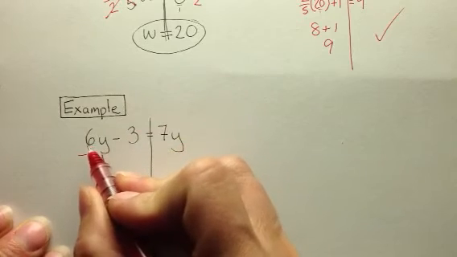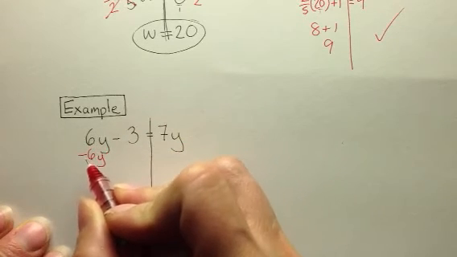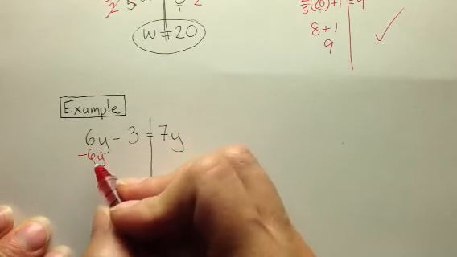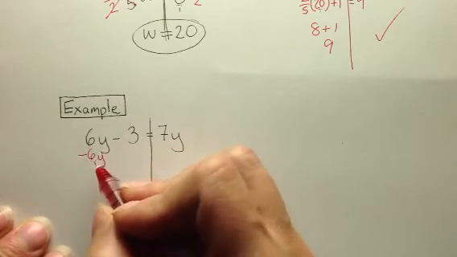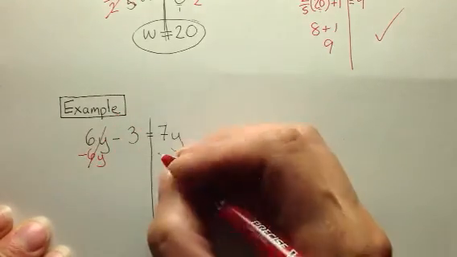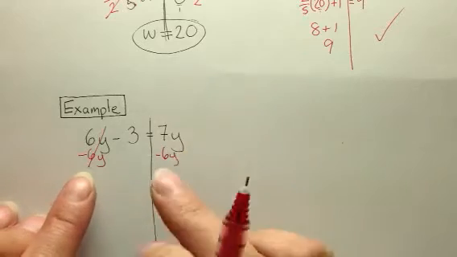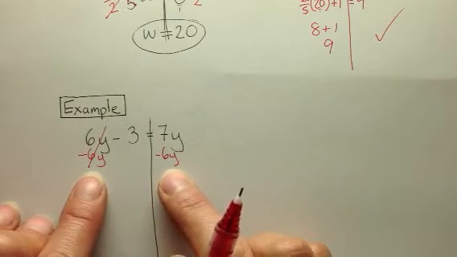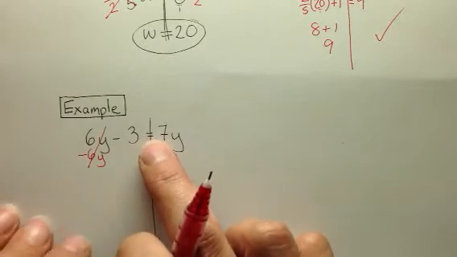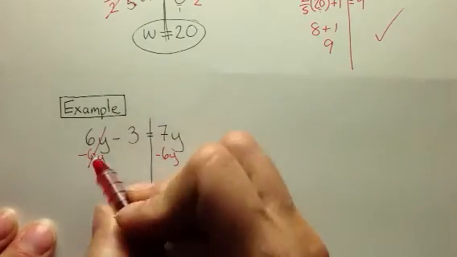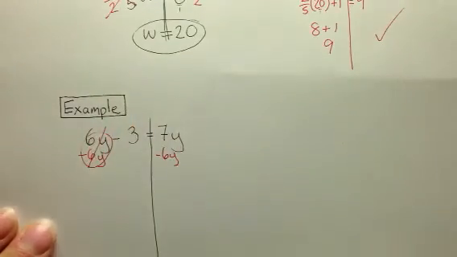So the opposite of adding, this is positive 6y. The inverse operation here would make 0. So 6y minus 6y is 0. Your subtraction property of equality says, okay, we'll do that to both sides if you want to keep the equation equal or balanced. So here I've got 0. Your identity property says, well, yeah, adding 0 doesn't mean anything.